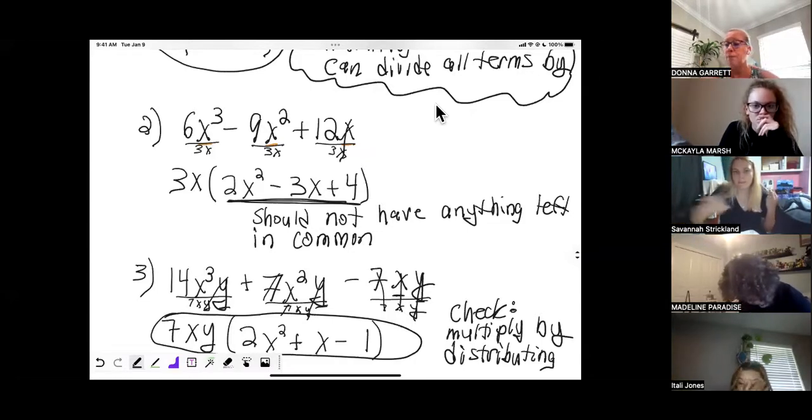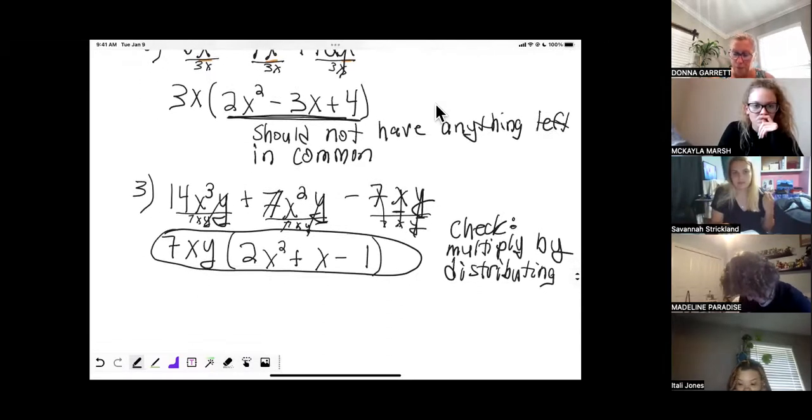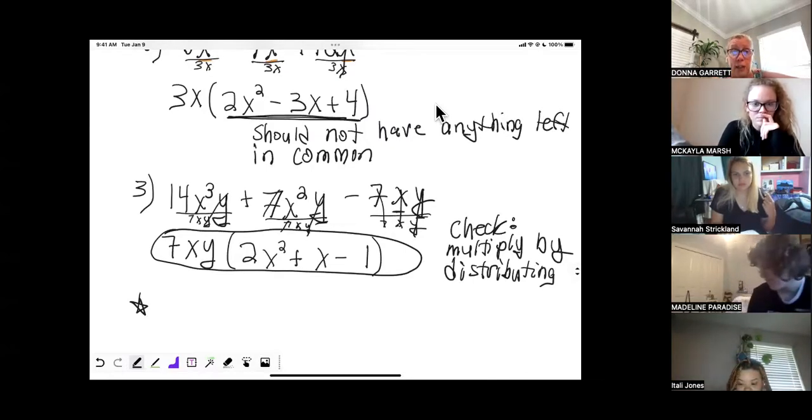So here's a little shortcut that I want to tell you about exponents. When you are factoring out a variable with an exponent, it's always the smallest exponent among all your terms.